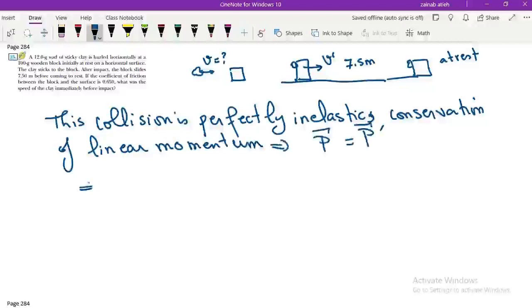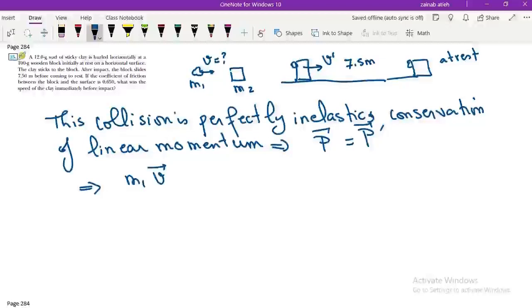Now before, who is in motion? The clay was moving, so I will assume the clay has a mass M1, the block has a mass M2. M1 is 12 gram and M2 is 100 gram. So I will say M1 V. The clay was in motion.